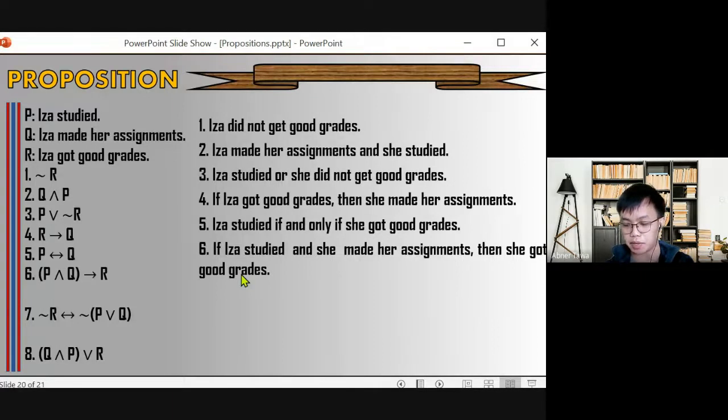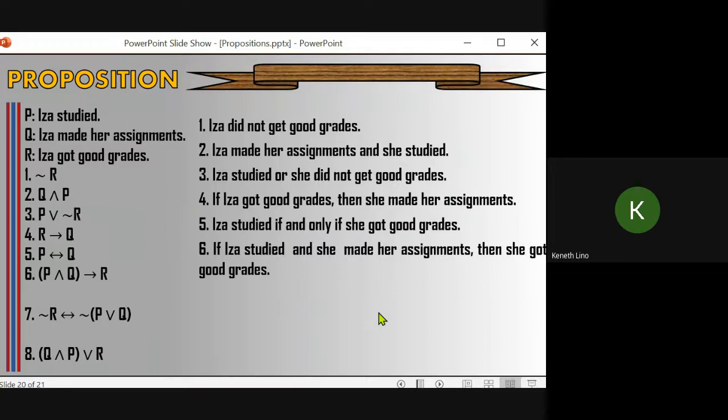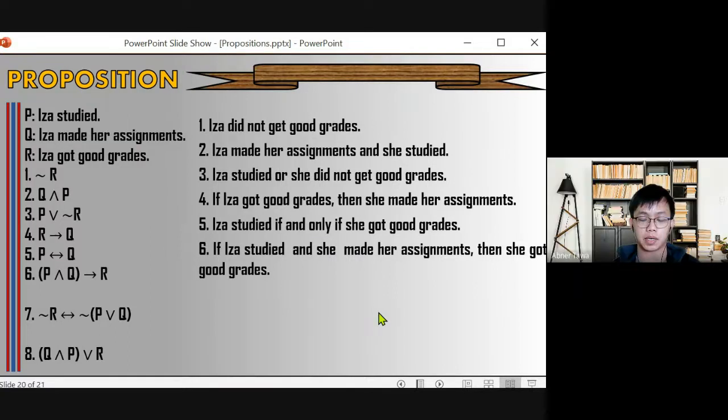How about number 7? Let's have Kenneth, number 7. Sir, ang komo. Just try to state your answer. Let's have help from Lori.